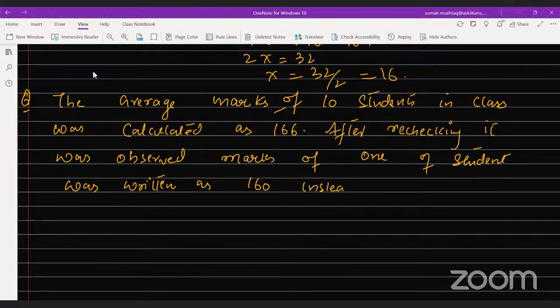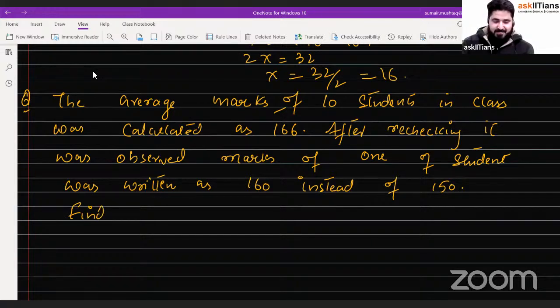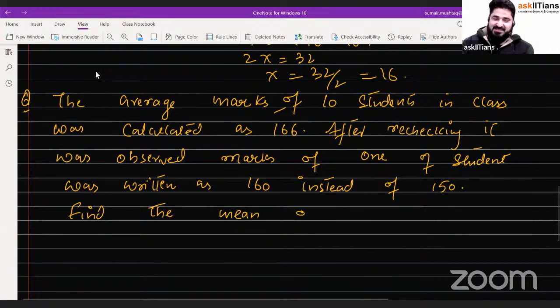If you get a question and it contains some story, never go for logic. For example, if a boy buys 20 watermelons, don't ask why he would buy 20 watermelons. So we don't have to go for logic. Find the mean of corrected marks.